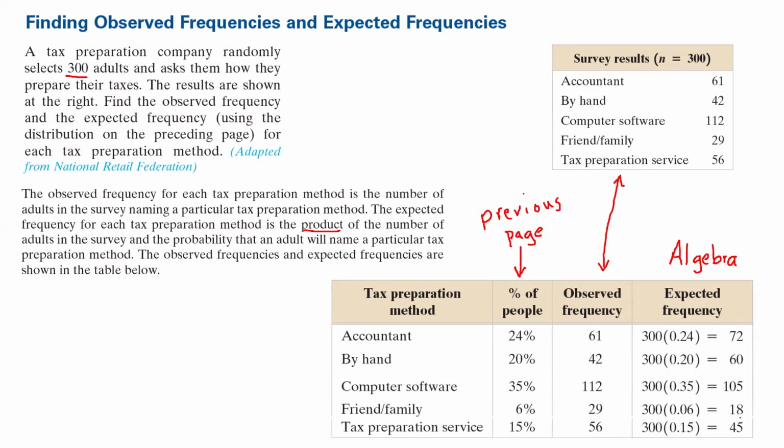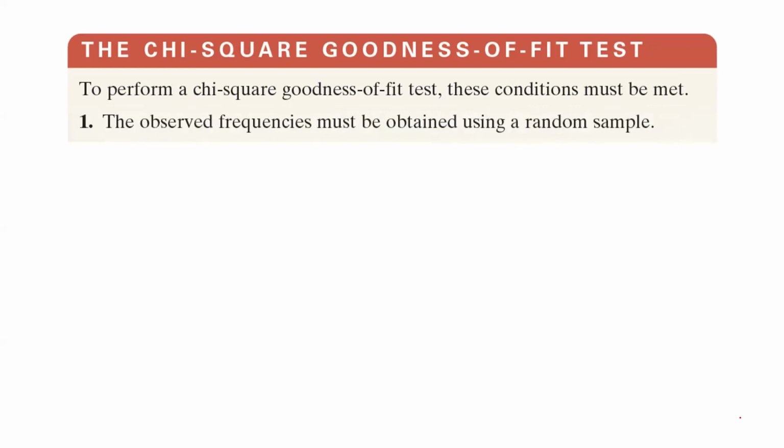So what's the use of these tables? What's the use of observed frequency and expected frequency? The chi-square goodness of fit test follows guidelines here. To perform the chi-square goodness of fit test, these conditions must be met. First, the observed frequency must be obtained using a random sample.